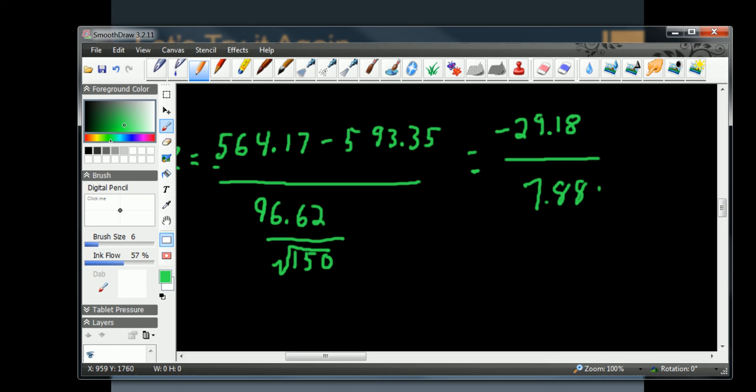We could put 7.889 if we round, I guess. Or actually, rounding error, 7.8889, but 9 should round up.